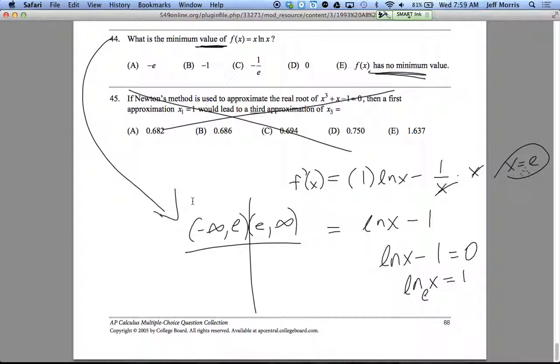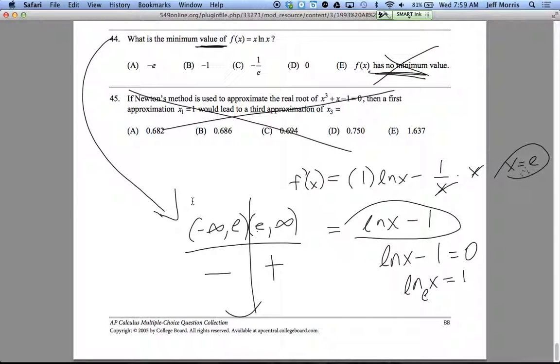So let's plug 0 in. 0 is going to make the derivative what? Oh, wait, you can't do natural log of 0, so we can't do that. So let's do 1 will make that. Yeah, 1 will work. 1 will make this what? 0 minus 1 is what? Negative, positive. So is it a min? Therefore, we know there's an answer, so it can't be that one now.